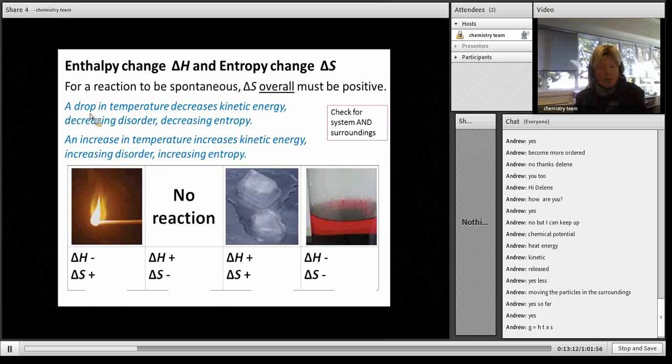And what we do is we come up with these 4 different types of combinations where we take our enthalpy and entropy and say, will a reaction happen if I have either an endothermic reaction, exothermic reaction, and a positive or a negative delta S entropy.